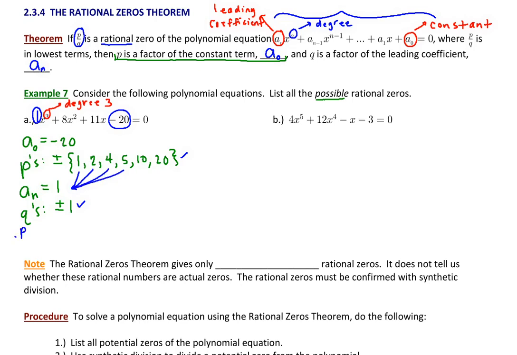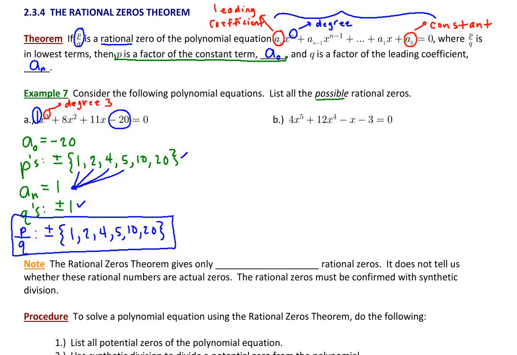So every possible rational zero, which can be formed as P over Q, would include positive and negative 1, 2, 4, 5, 10, and 20. So we call those the possible or the potential rational zeros. So if our polynomial equation has a rational solution, it is somewhere in that list, but not every number in the list is going to be a solution.